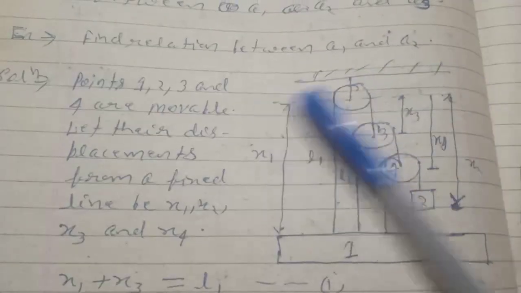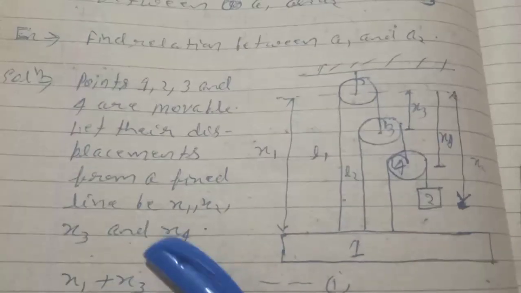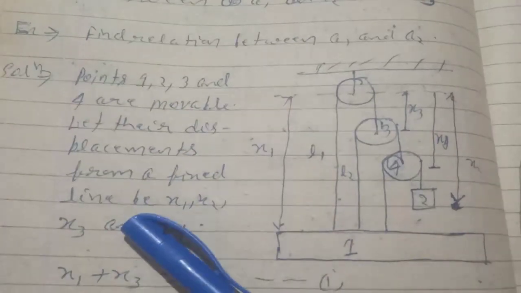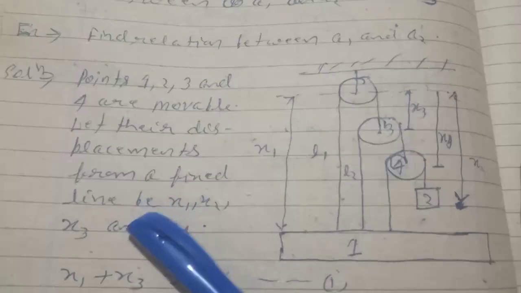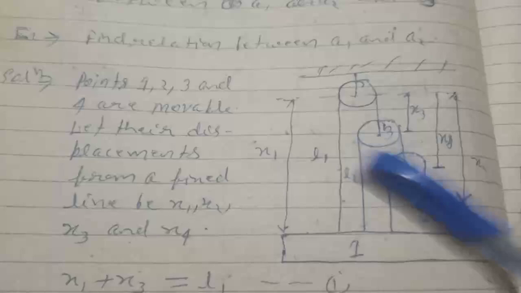So we have drawn a fixed line from here. Now let the displacements from the fixed line be x1, x2, x3 and x4 of the respective points and pulleys.